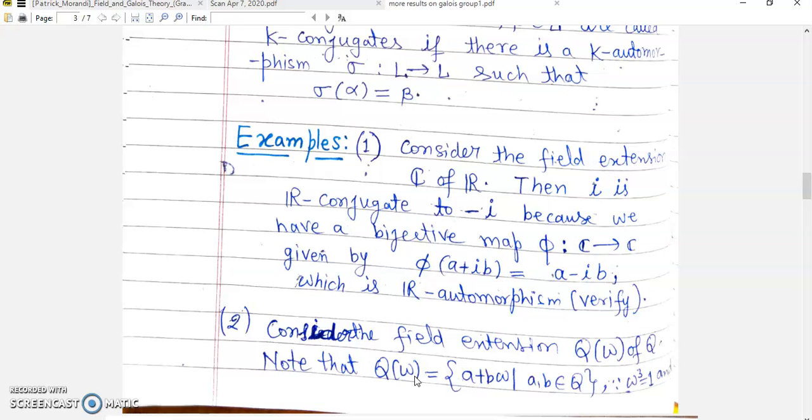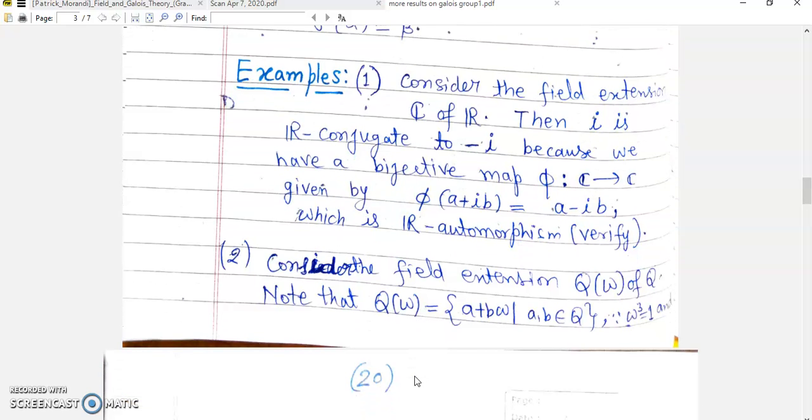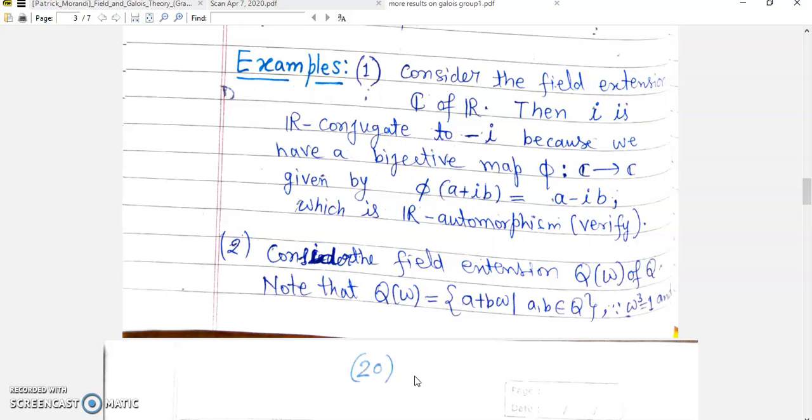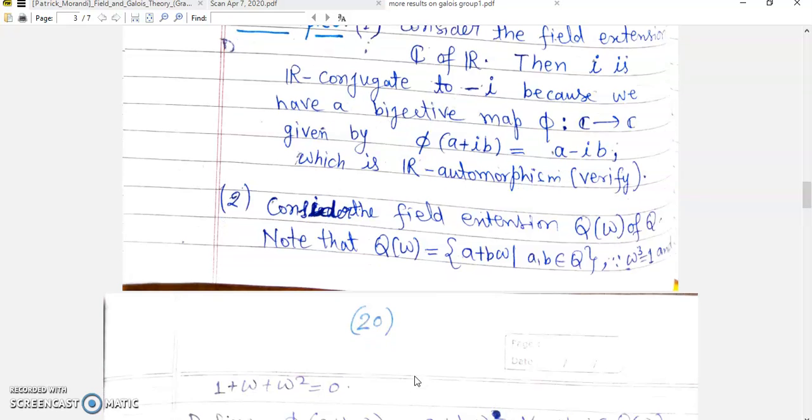Next, the identity map carries i to i, therefore i is also R-conjugate to i. Here we have discussed that i and minus i are R-conjugate.